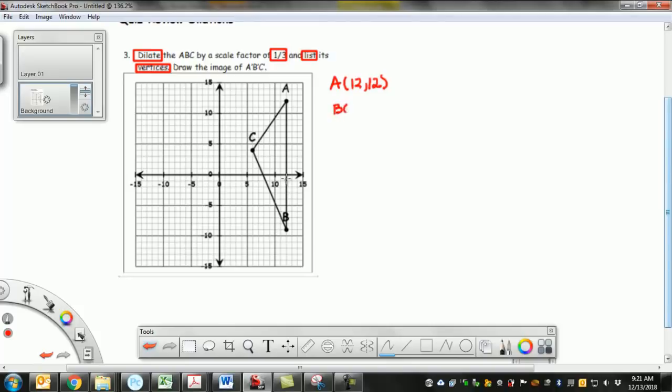B is (12, -9). And then C looks like it's (6, 4).